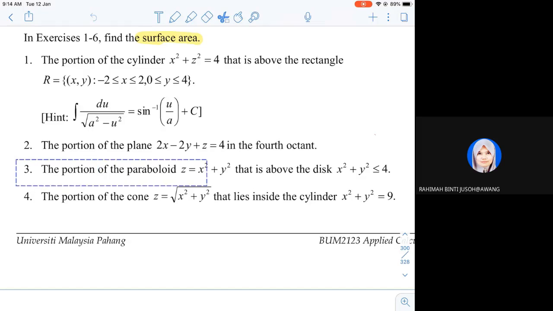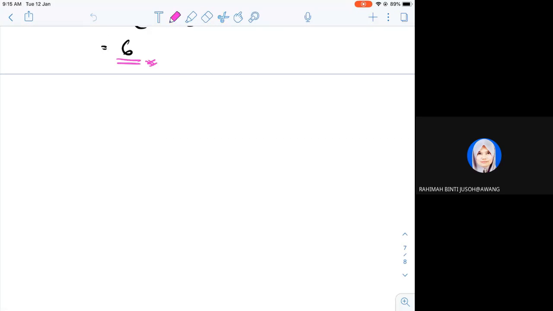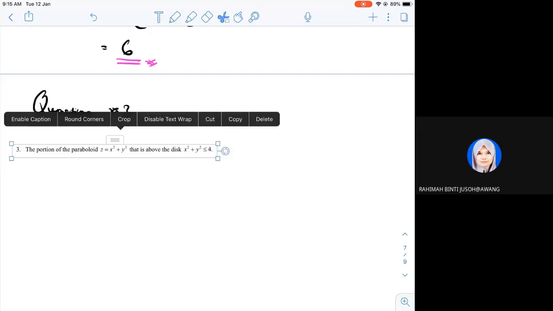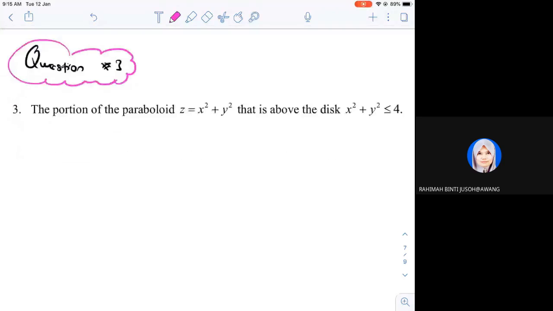Okay, kita ambil question number 3 ni, kita tengok region R dia bentuk apa.